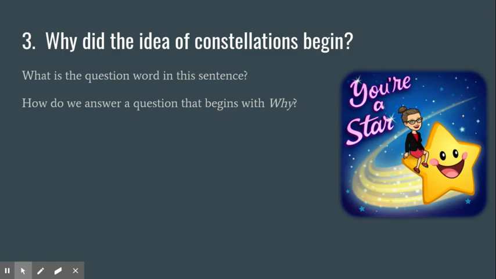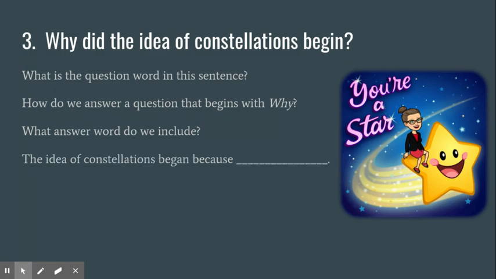What did you end up writing for your sentence starter? What answer word do we need to include with why? I wrote down the idea of constellations began because, and note how we changed the tense.